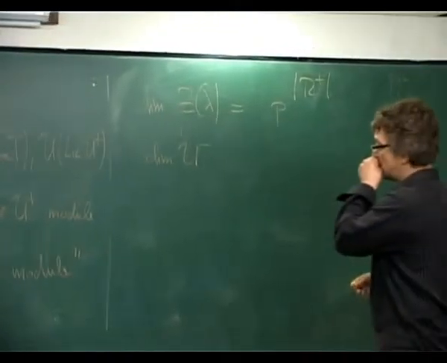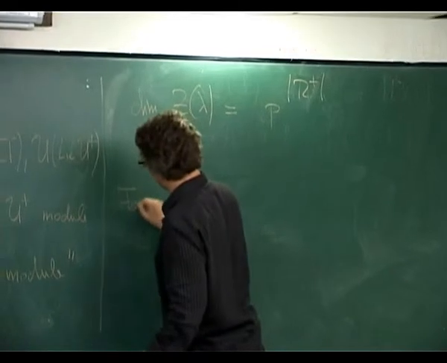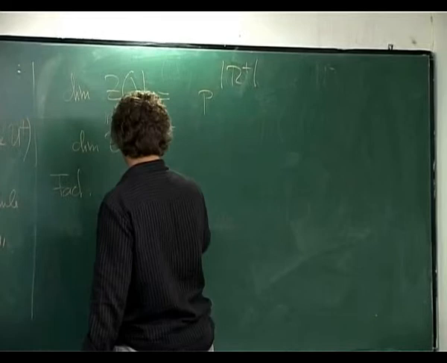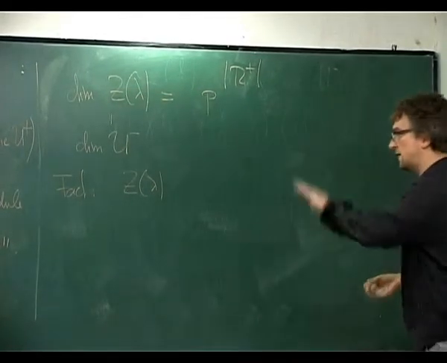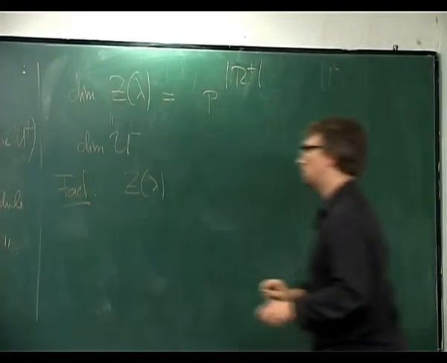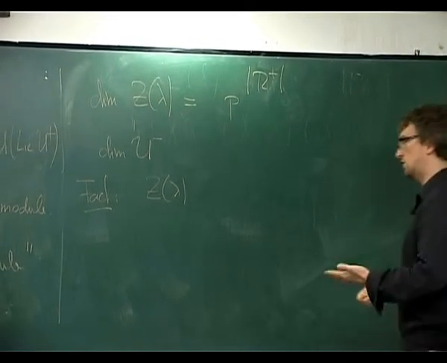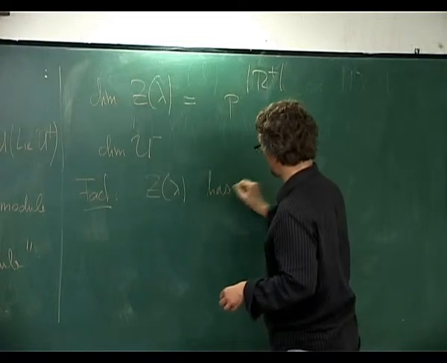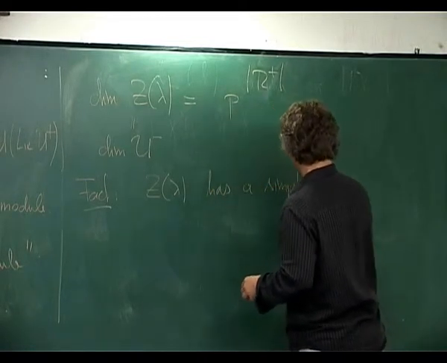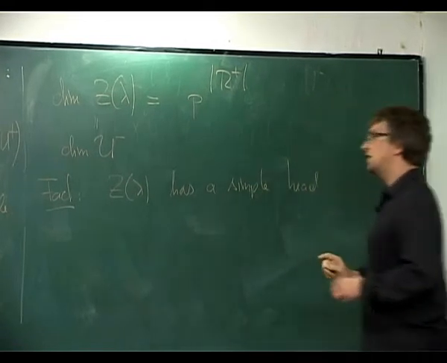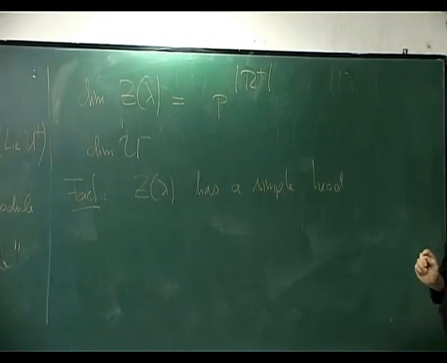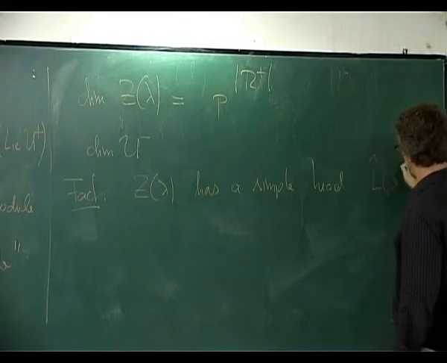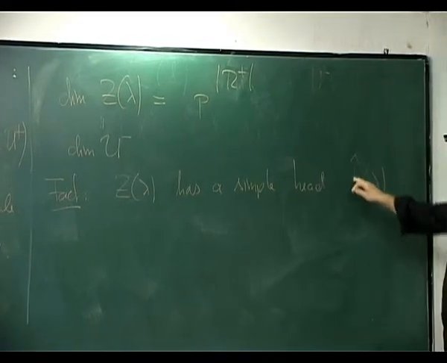Okay, so a fact that needs some proof, but it's not so important for this series of lectures: this has a simple head, so a unique irreducible quotient, and this we call L hat lambda.